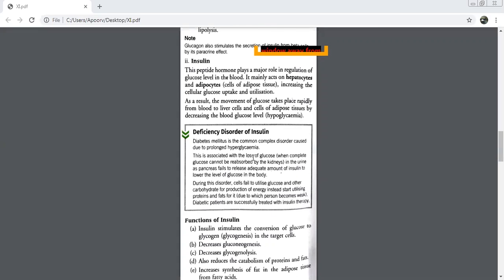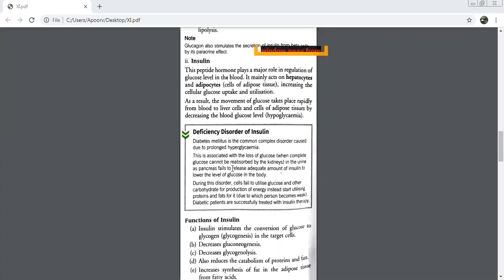We call it diabetes mellitus only when the hyperglycemic condition is prolonged. Beta, is everybody clear on the difference between hypo and hyperglycemia? Yes, ma'am. The causes also? Yes, ma'am.